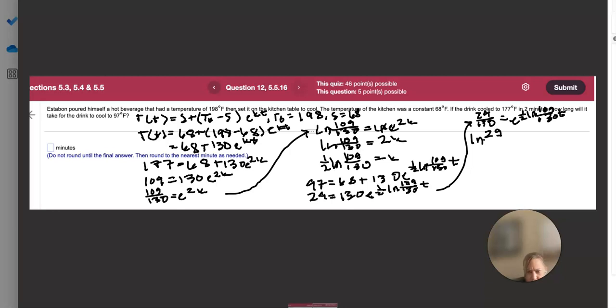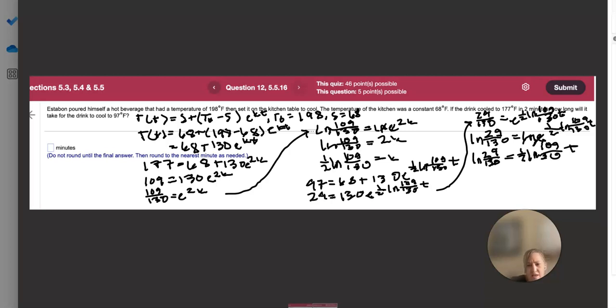So the natural log of 29 over 130 equals the natural log of e to the 1 half ln of 109 over 130 t. The ln and the e basically cancel themselves out, and you're left with the natural log of 29 over 130 equals 1 half ln of 109 over 130 t.